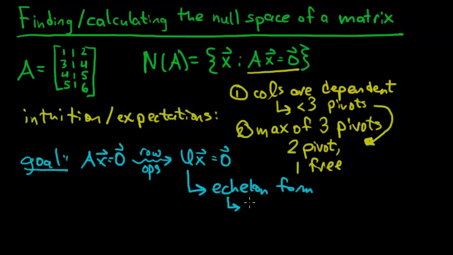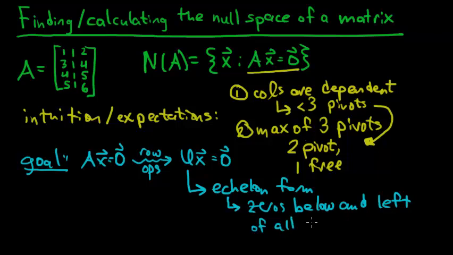We do want zeros below and left of all pivots. But, for example, this 1 right here is going to turn out to be a pivot position. The 1,1 entry in this matrix is going to be a pivot, and there's no potential for zeros to the left of it.